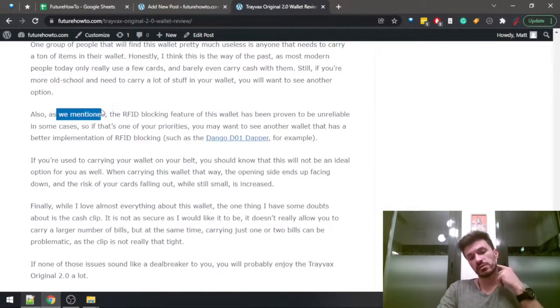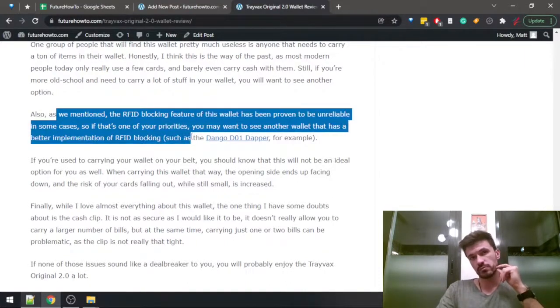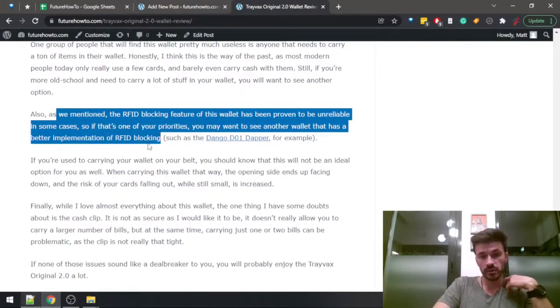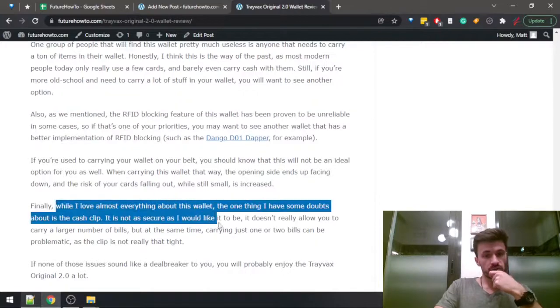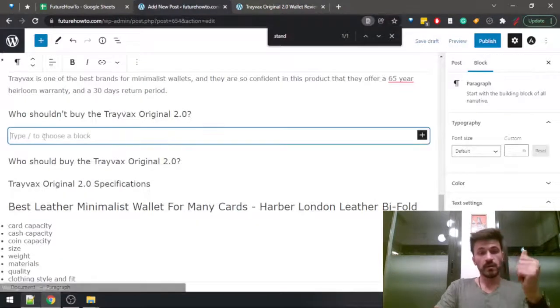Oh yeah, I remember this when writing the article. The RFID blocking feature was tested by some owner and it turned out to be not 100% reliable. So maybe we can say that. The cache clip is not really secure. Okay, who shouldn't buy?